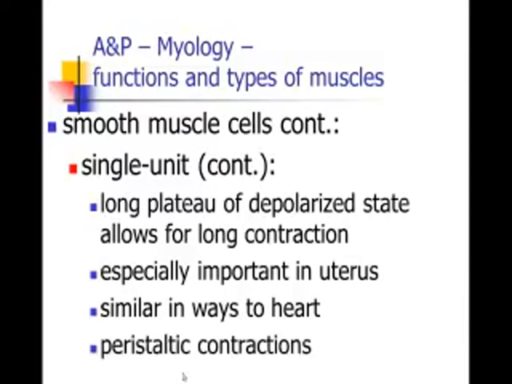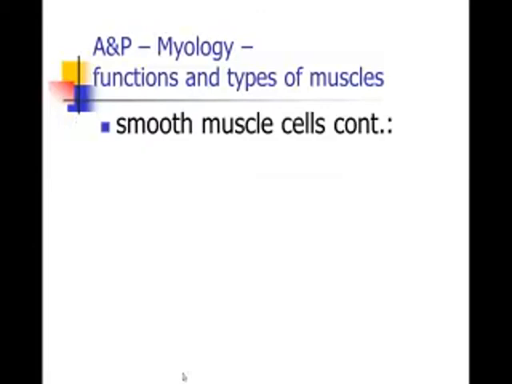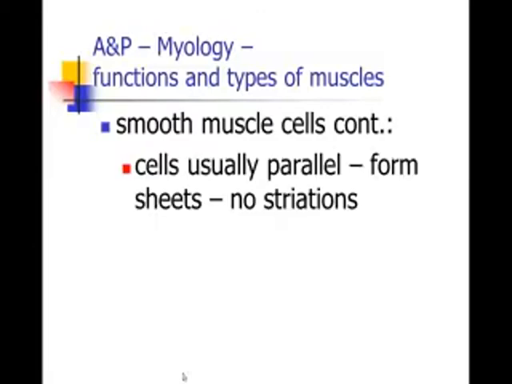The single unit are responsible for peristaltic contraction. So in a peristaltic contraction, the contraction moves like a wave from one end of an organ to another. It happens in the esophagus, the stomach, and the intestines. Cells are usually parallel.